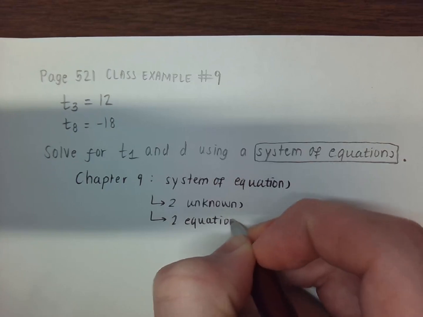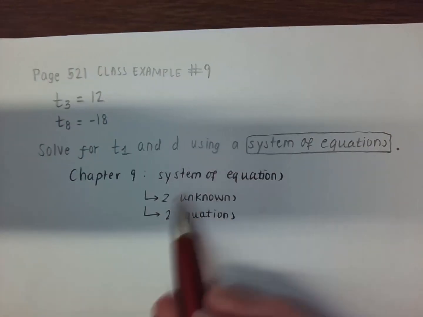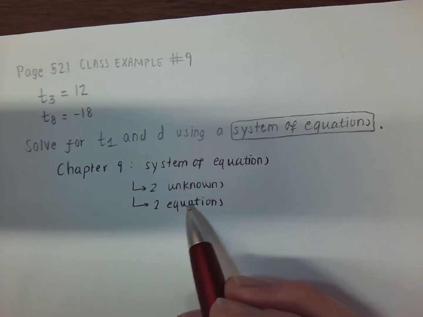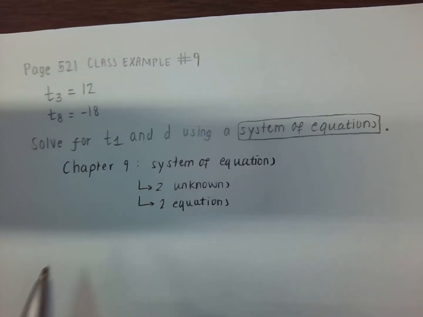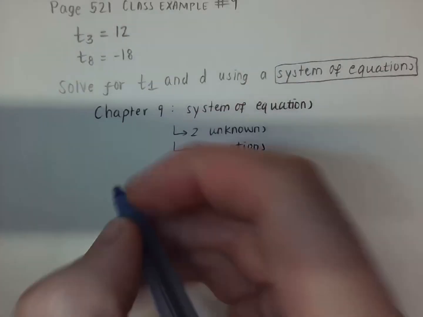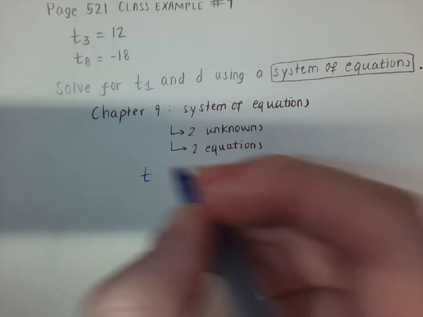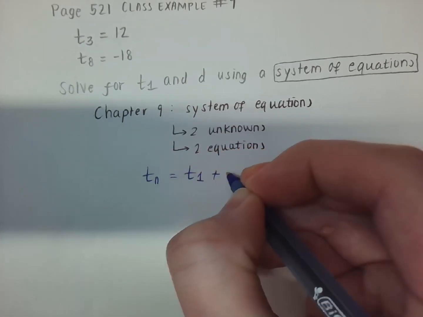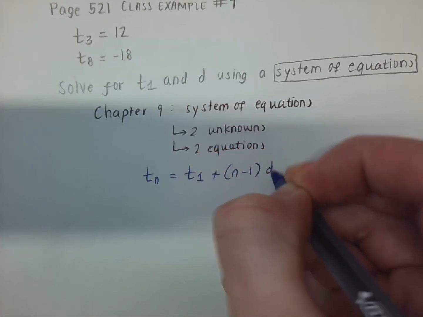When we have the same number of unknowns and equations, we can basically use algebra to solve for both of these unknowns. So here's the thing. Remembering that the general formula is Tn equals T1 plus n minus 1 times d.